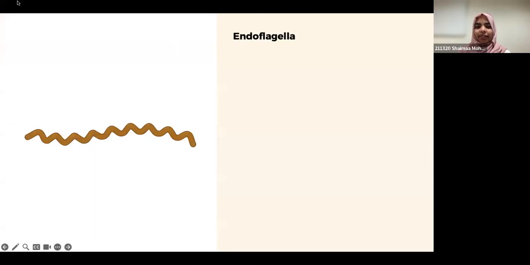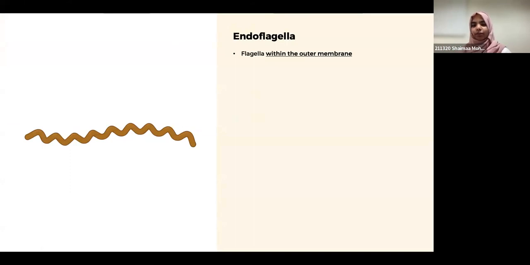Then here we have endoflagella, and we're going to talk more about the endoflagella. So endoflagella, we said that the flagella is within the outer membrane of the cell. If it's within the outer membrane, is endoflagella present in gram-positive or gram-negative bacteria? Yes, so endoflagella is only present in gram-negative bacteria.